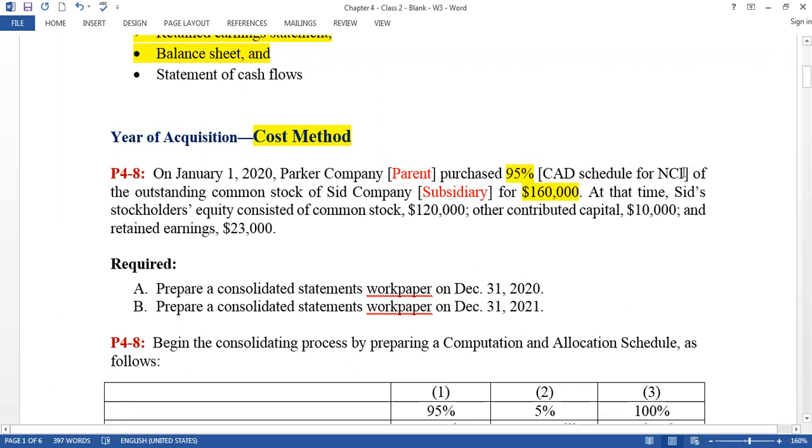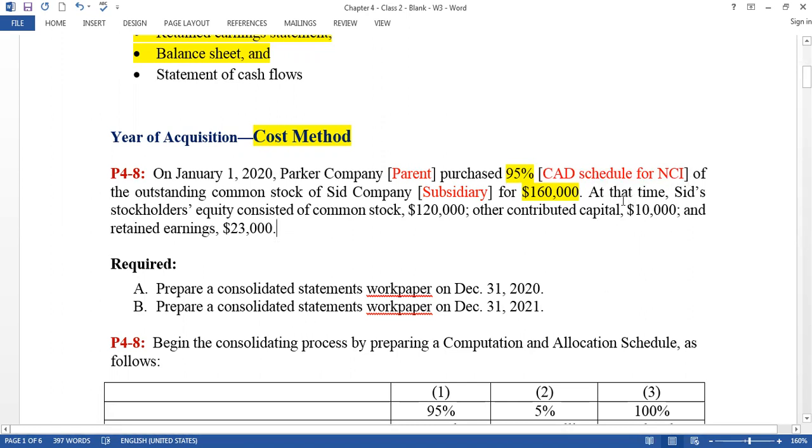In chapter 3, we learned how to prepare this schedule for non-controlling interest. So you have to prepare this schedule.